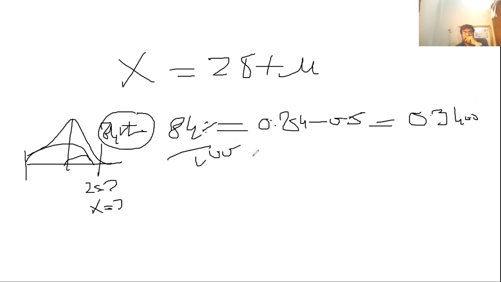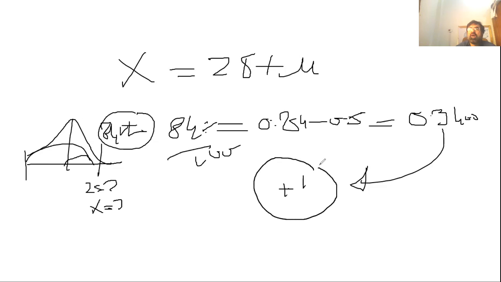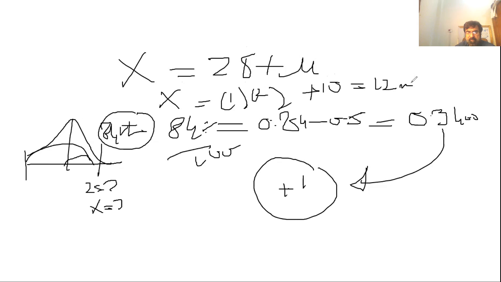That becomes 0.3400, and in the table, this area carries a z value of 1. So the x will be 1 times the standard deviation 2, plus 10. That becomes 12 minutes.